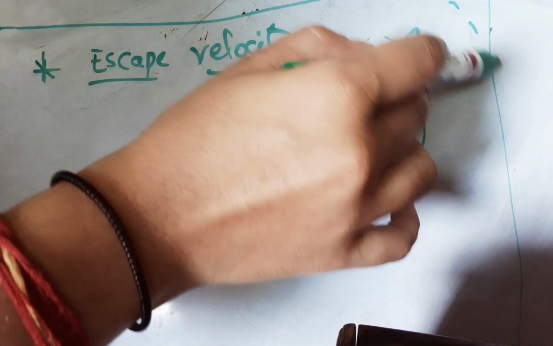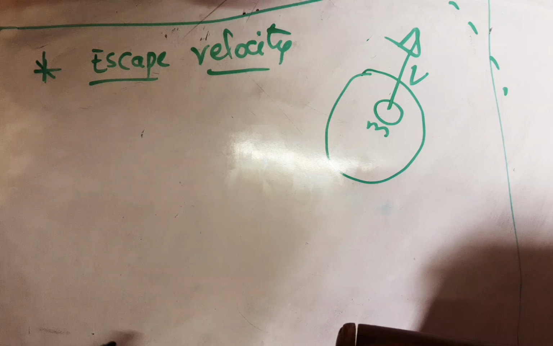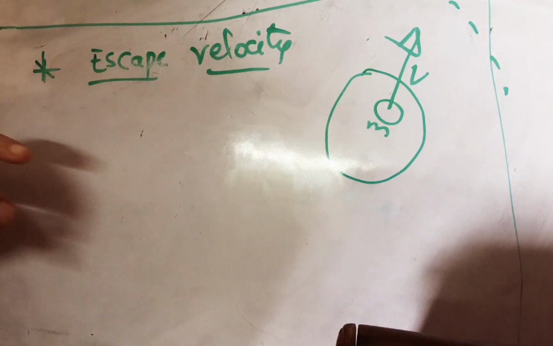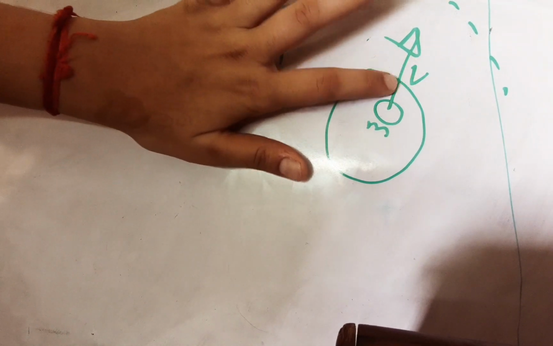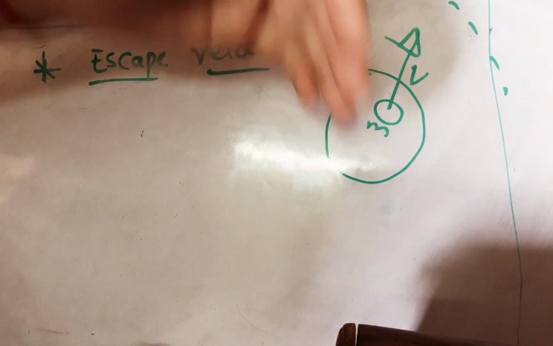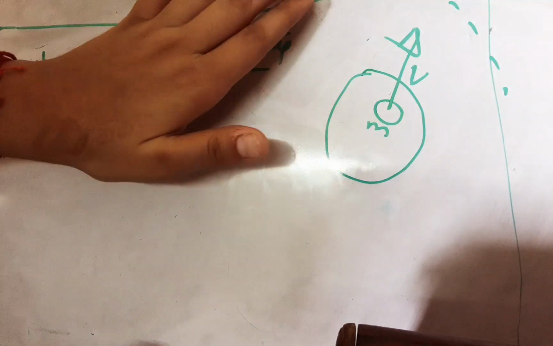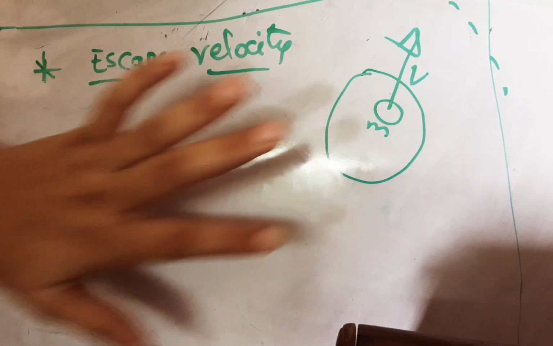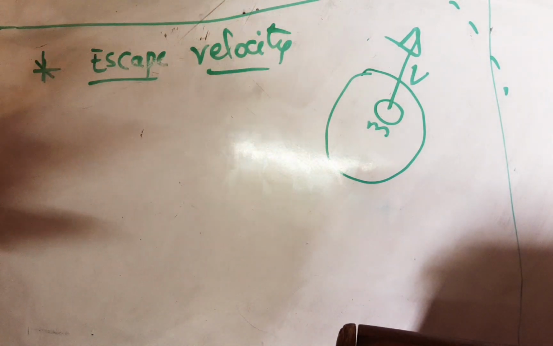It will be lost to infinite distance. With what velocity should you throw it so that it escapes the gravitational field of the earth? This is known as escape velocity.